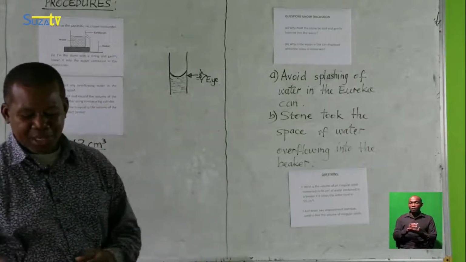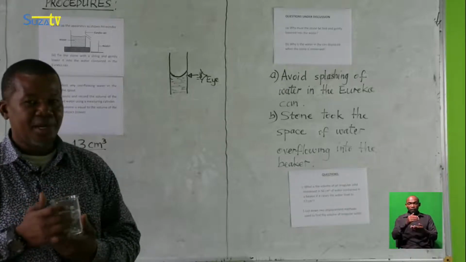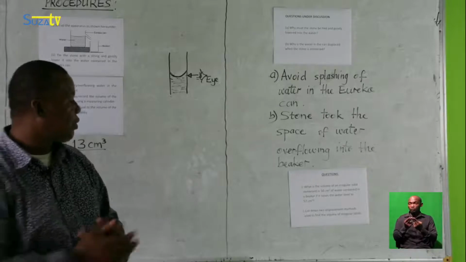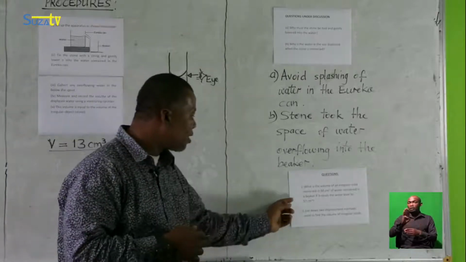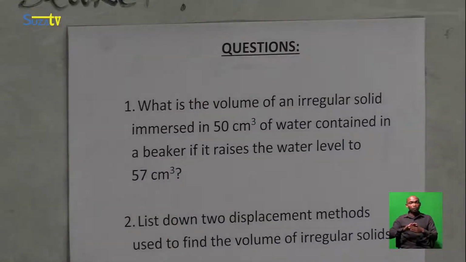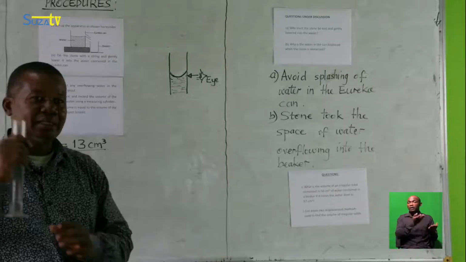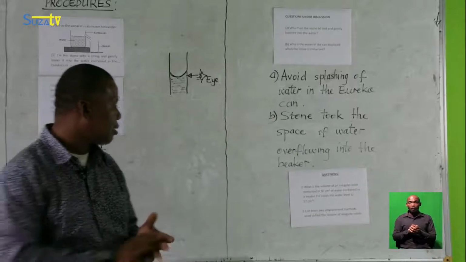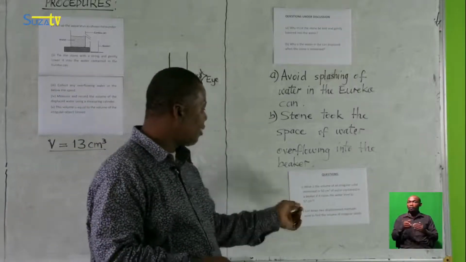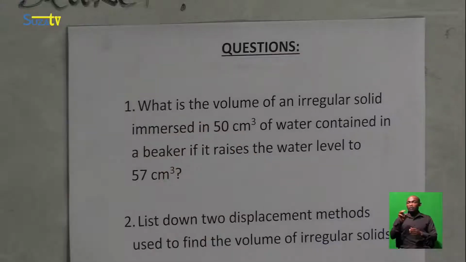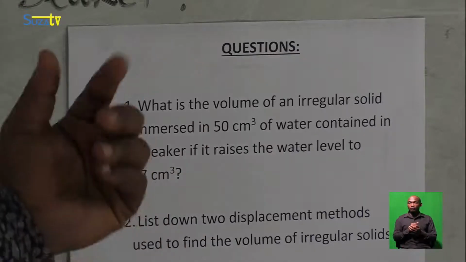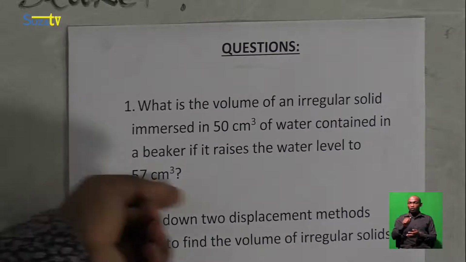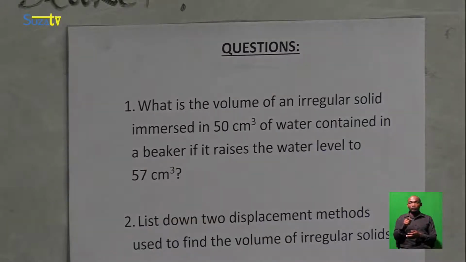We can do that also using a measuring cylinder instead of a beaker. So the initial value was 50 centimeter cube. Then with the irregular solid, we have the value of 57 centimeter cube.